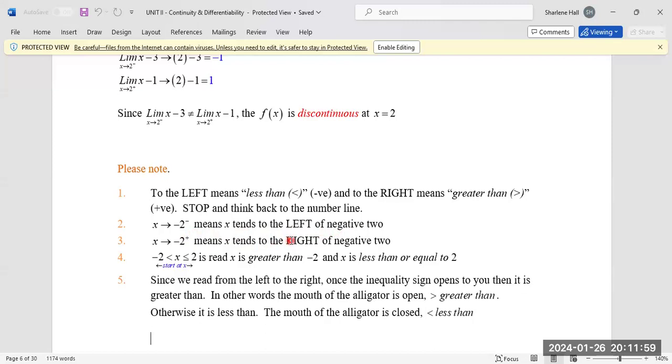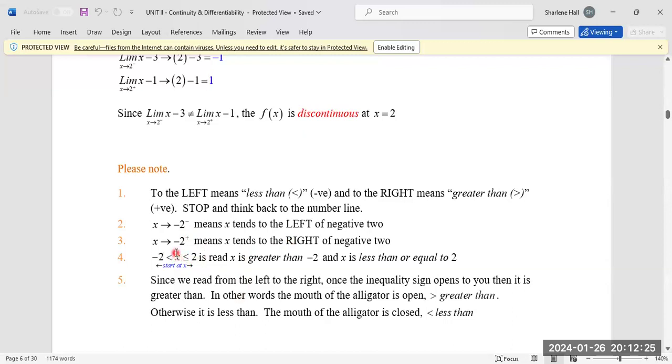All right? Now, when you have the double inequality, what do I do? We're going to start at the x, and I'm going to be reading inside out. What do you mean by inside out, sir? Thanks for asking. You're starting at the x here. You need to read to the left.